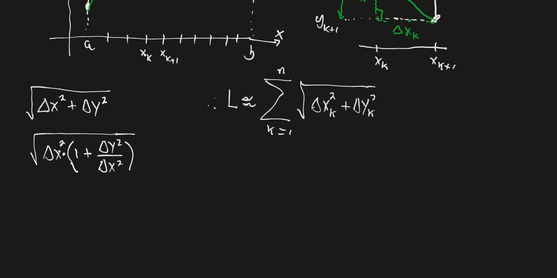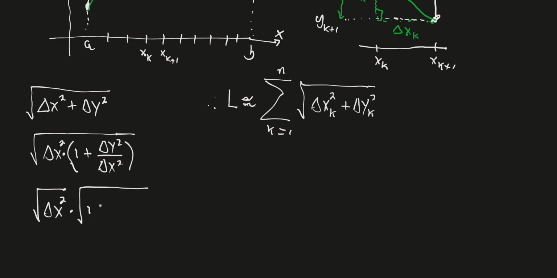Now I can do a couple things. First, I can take the square root of the first factor, which is delta x squared, and then I can take the square root of the sum. But now, in this fraction, both the quantities are being squared. The delta y is being squared, the delta x is being squared.